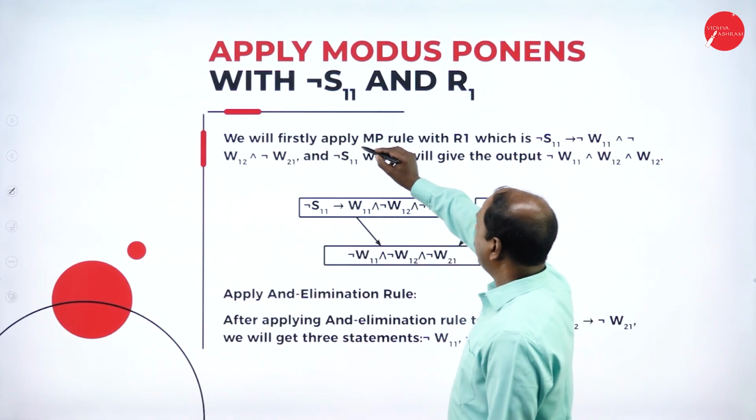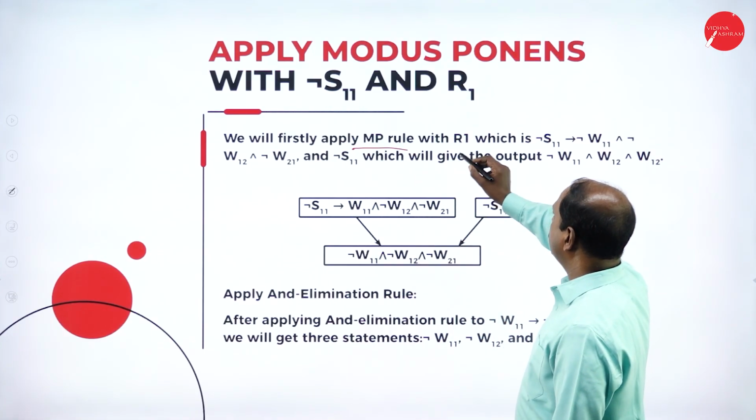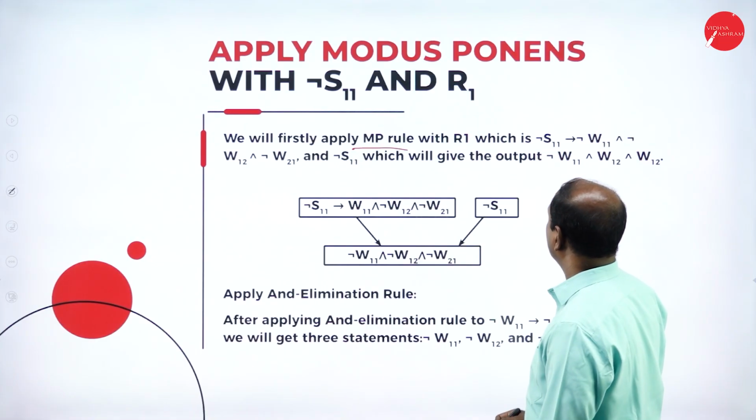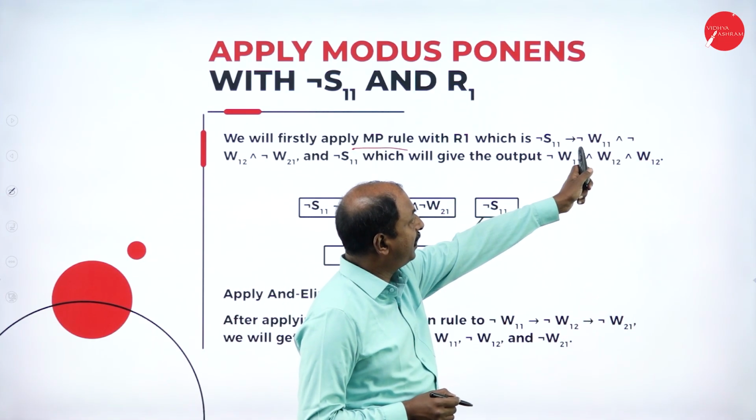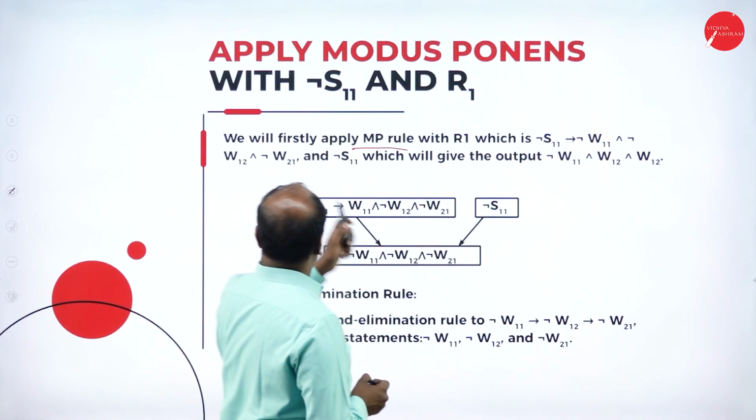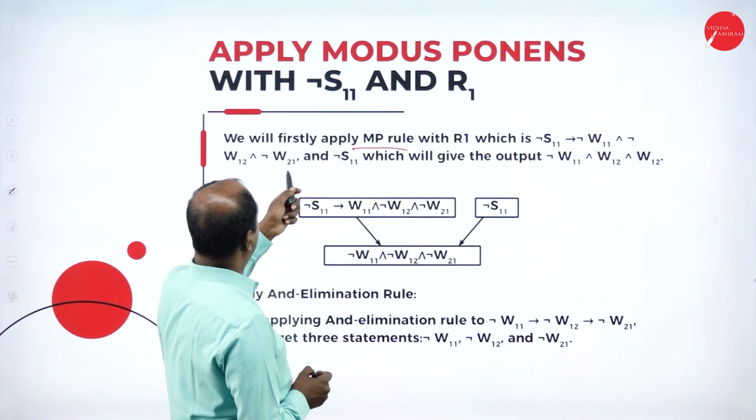Now we are going to apply the modus ponens rule for this R1, meaning row 1 here, which is not S11 implies not W11, not W12, not W21.